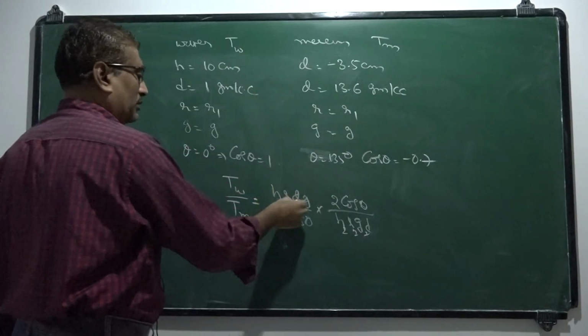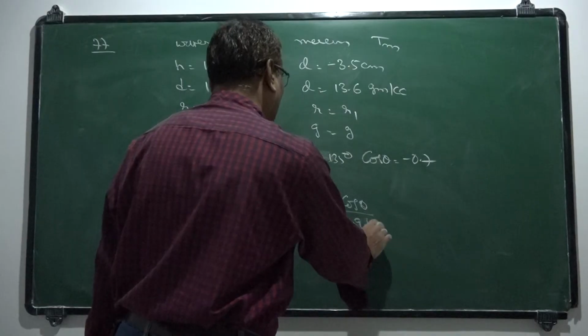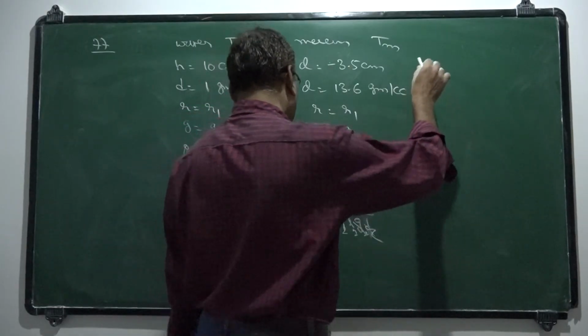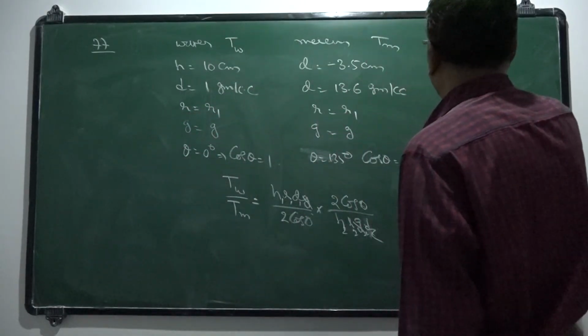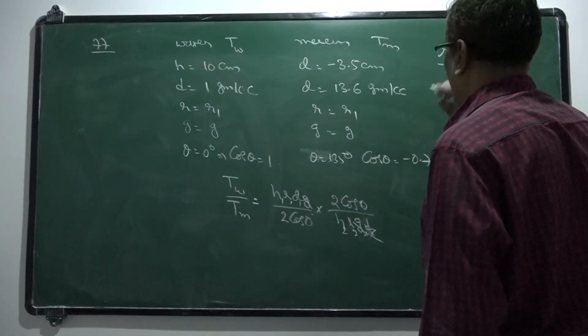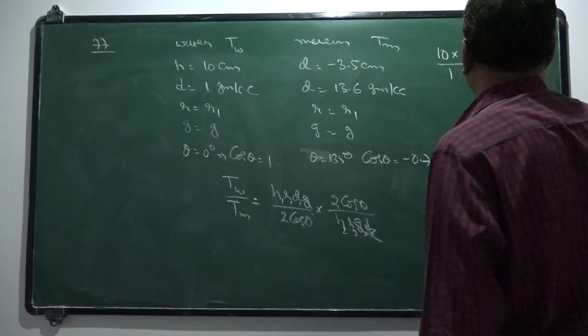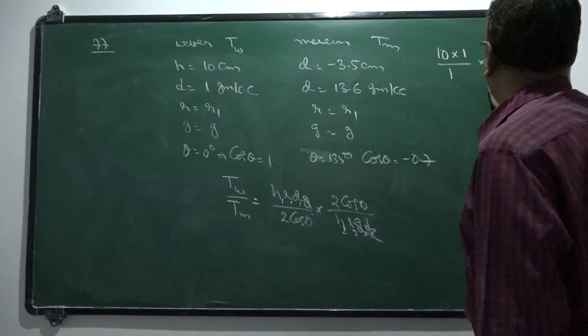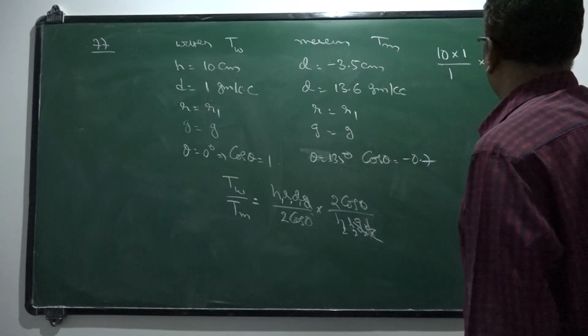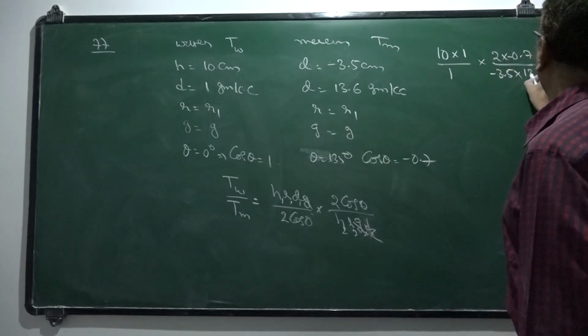Now substituting all these, g will get cancelled. So 10, radius is the same, density is 1, divided by 1 into 0.7 by minus 0.7, by minus 3.5 into density of mercury 13.6.